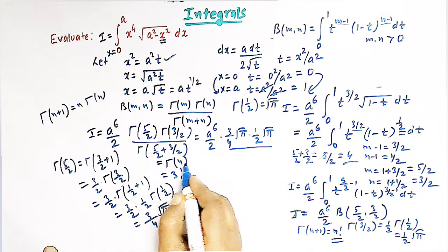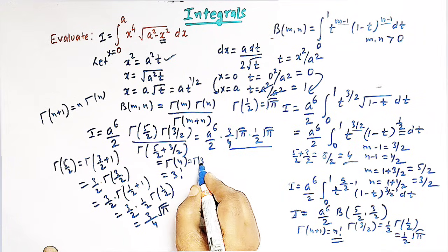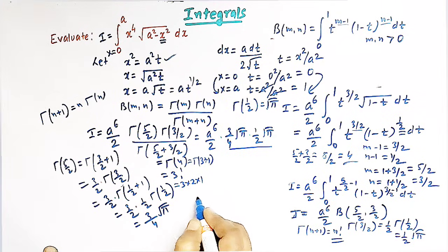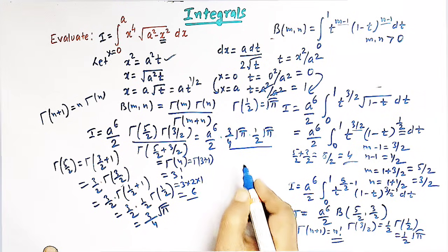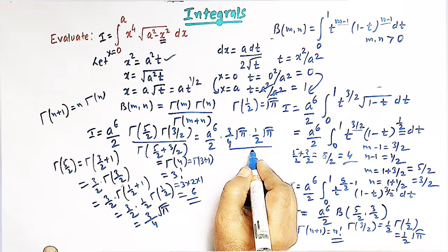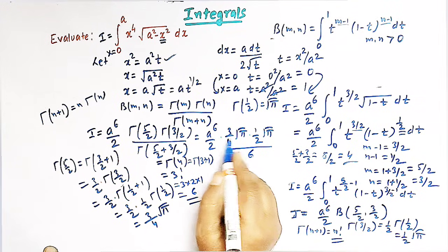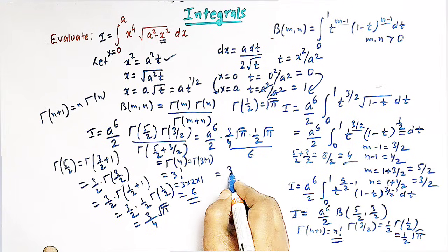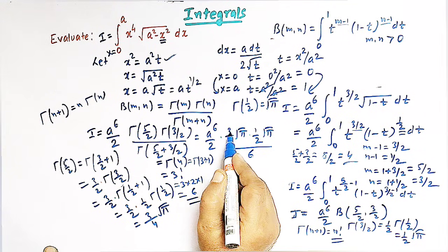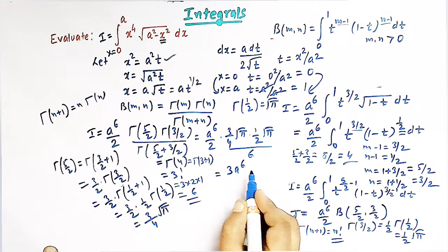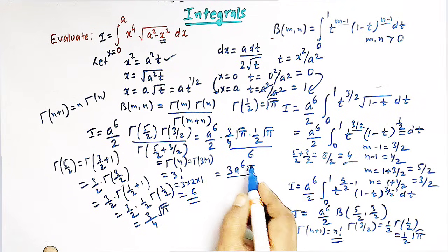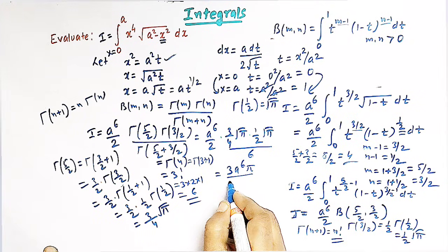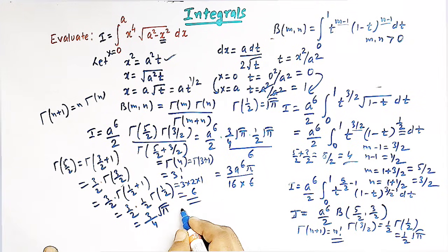So gamma 4 is equal to gamma of 3 plus 1. So we have 3 factorial, that is 3 times 2 times 1, that is 6. So here we have 6. So now simplifying this expression, we have 3a raised to 6, and then root pi times root pi is pi, and here we have 2 times 4 is 8, 8 times 2 is 16 times 6, right?